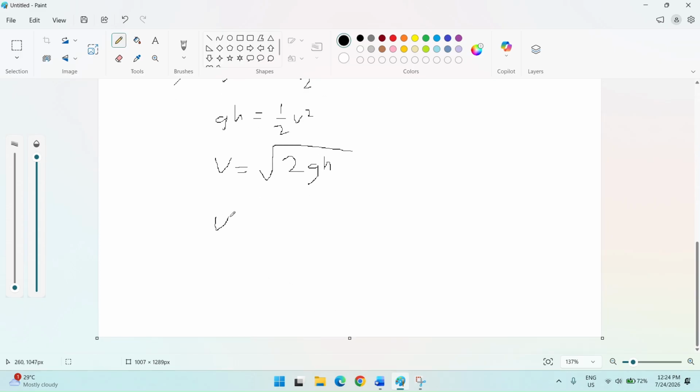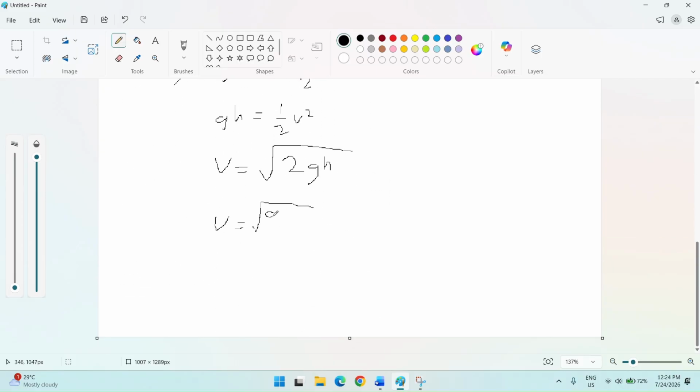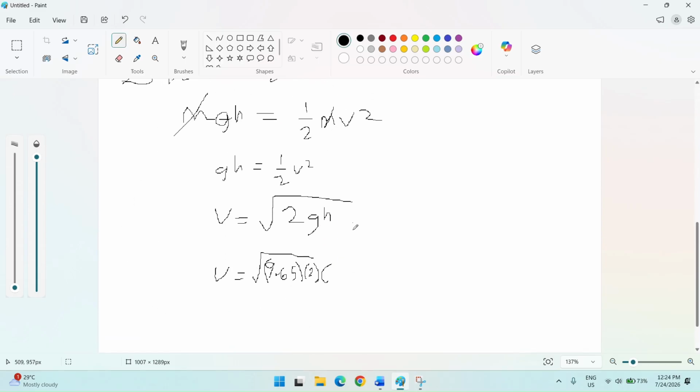So the next thing is we're gonna plug in the values because it's already given. So the gravity was again 9.65. Oh, I forgot the 2. So 2, then the height is still 2. Okay.